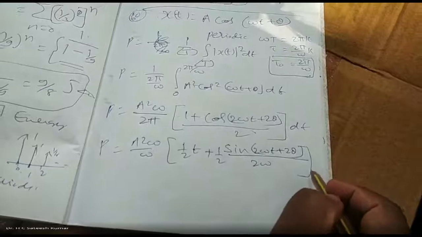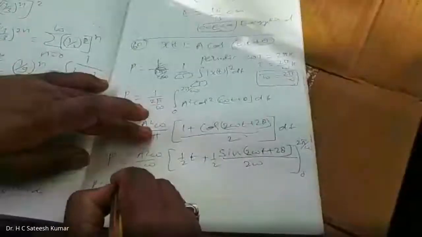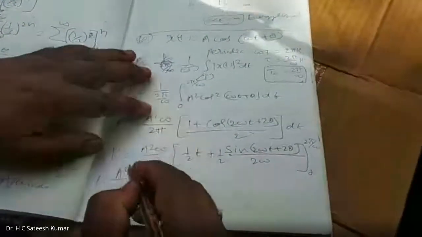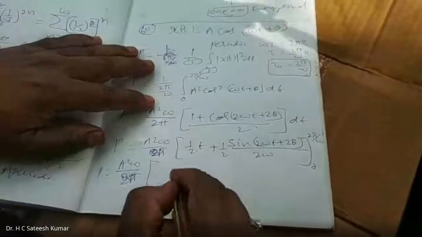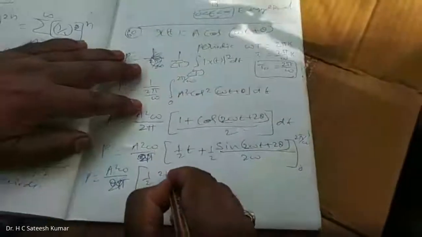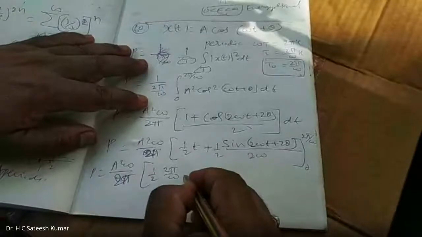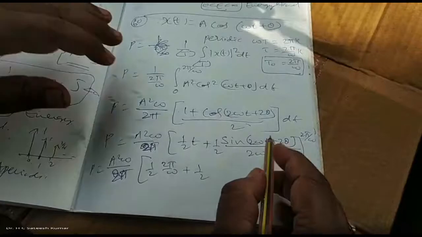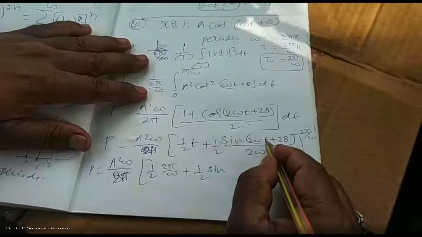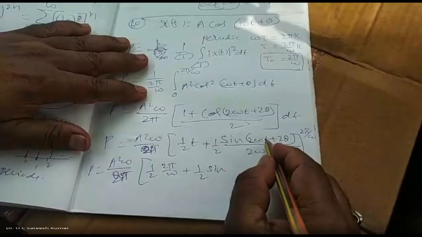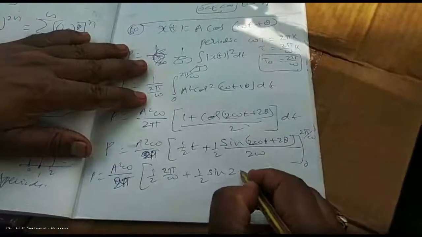Between the limits 0 to 2 pi by omega, power is equal to A squared omega divided by 2 pi into half into 2 pi by omega upper limit, plus 1 by 2 into 1 by 2 into sine of 2 omega t. With t equal to 2 pi by omega, omega gets cancelled, 2 into 2 is 4 pi, 4 pi plus 2 theta is 2 theta only, therefore sine 2 theta you will get.